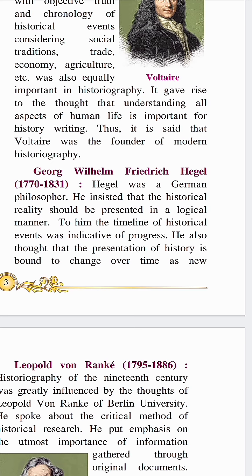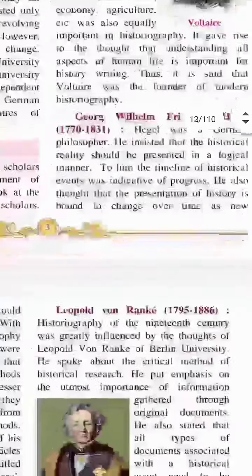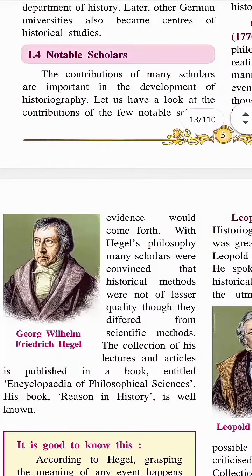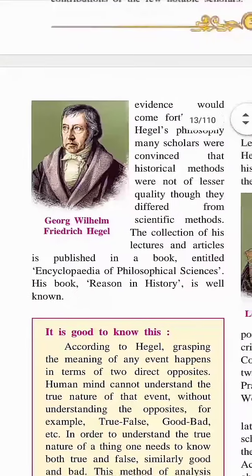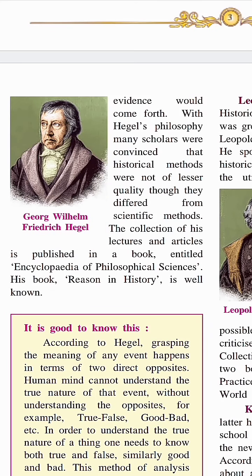He also thought that the presentation of history is bound to change as new evidence comes forth. With Hegel's philosophy, many scholars were convinced that historical method was not of lesser quality, though it differed from scientific method. The collection of these lectures and articles is published in the book entitled Encyclopedia of Philosophical Sciences. His book, Reason in History, is well known.